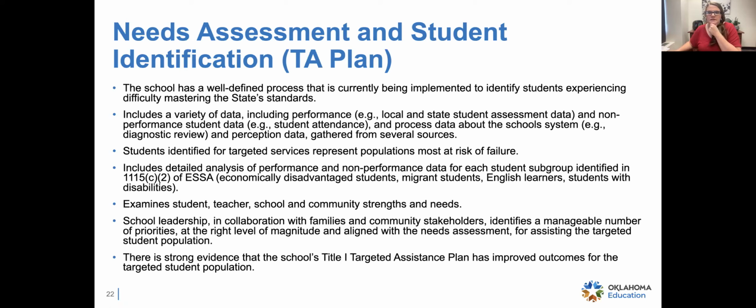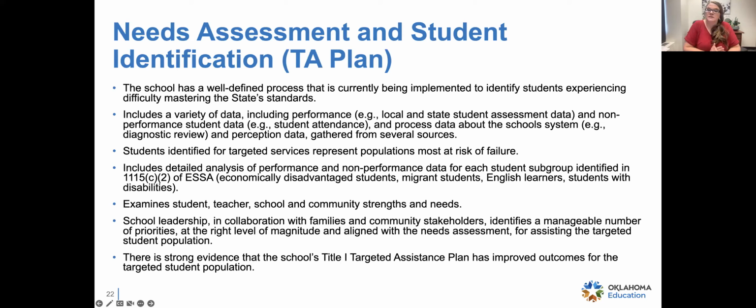I didn't say this at the beginning, but I will. This is as good a time as any. If you are currently operating under a targeted assistance program, there is a waiver for you to be able to operate as a school-wide program. So if the poverty of a site is 35% or above, you are eligible to operate as a school-wide program.